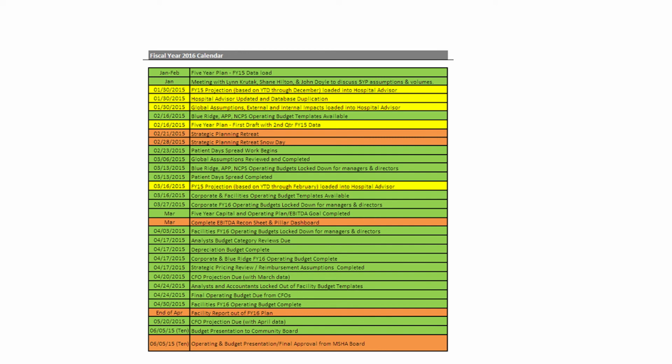This is just an example of a capital and operating budget timeline. Typically, we start with the 5-year plan. We do projections every year for the next 5-year forecast of where we think the market trends are going and how that impacts the financials.